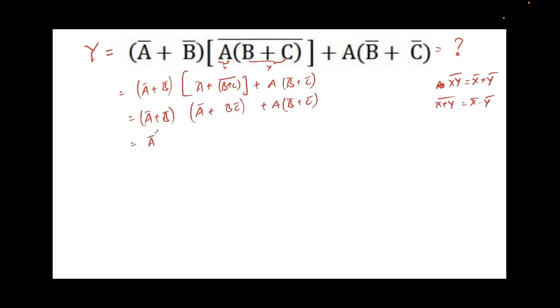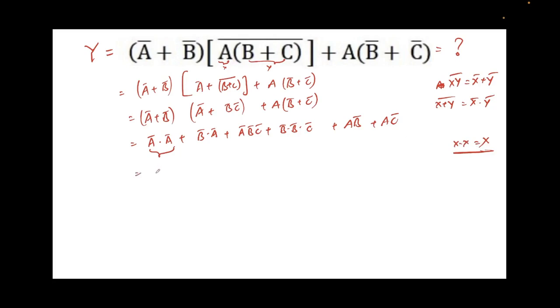So I'll get A bar times A bar. So I'm writing A bar times A bar, plus A bar B bar C bar, plus B bar times B bar C bar, plus A B bar plus A C bar. Now note this first term, A bar dot A bar. In Boolean algebra, X dot X is equal to X, because 0 into 0 will come out to be 0 and 1 into 1 will come out to be 1.